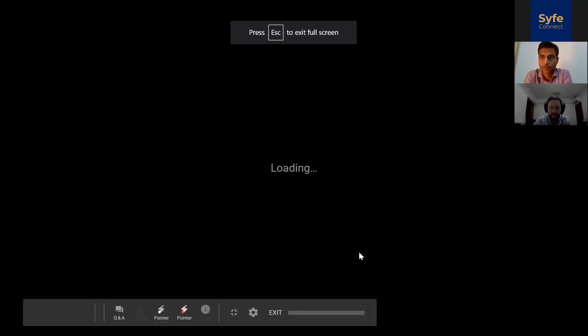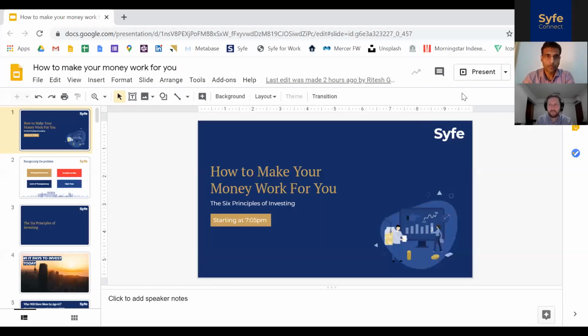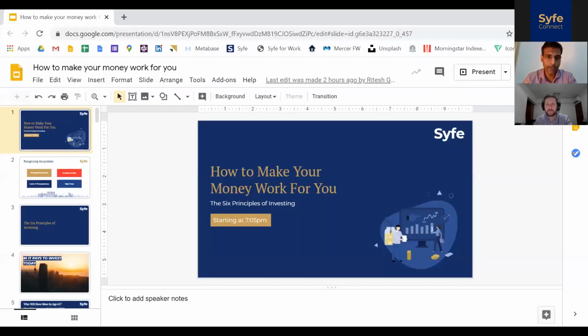Okay, so loading. So just having a little bit of difficulty loading, actually. Ritesh, are you able to share your screen? Because it looks like I'm having a little bit of difficulties here. Sure, absolutely. If you could disable your screen sharing, then I'll start sharing my screen.